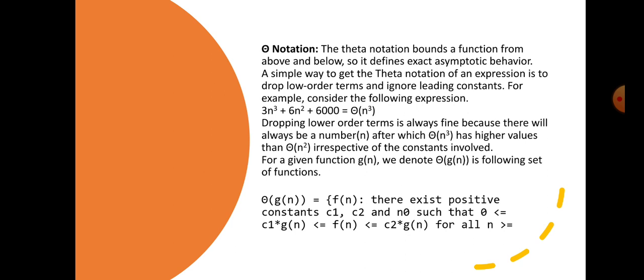For a given function g of n, we denote theta of g of n as the following set of functions: theta of g of n equals f of n, such that there exist positive constants c1, c2 and n naught such that 0 is less than or equal to c1 star g of n less than or equal to f of n less than or equal to c2 star g of n for all n greater than or equal to n naught.